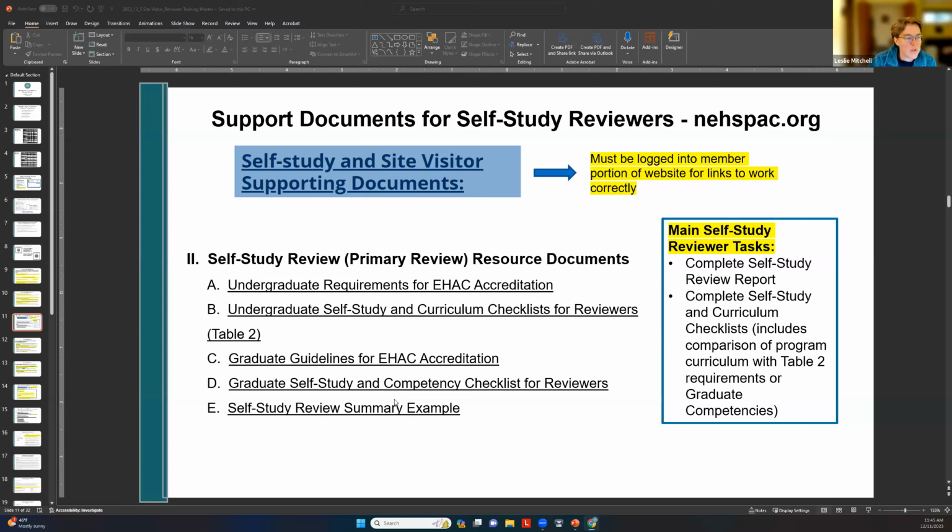Those are 2 different documents. The self-study reviewer sends a letter basically to Leslie that says, this is what we find in our review. The lead site visitor writes the site visit report.